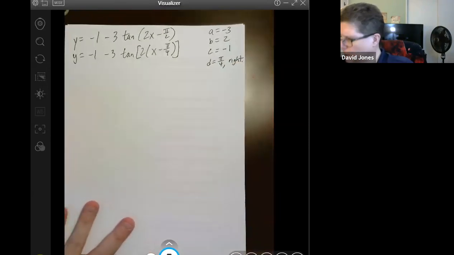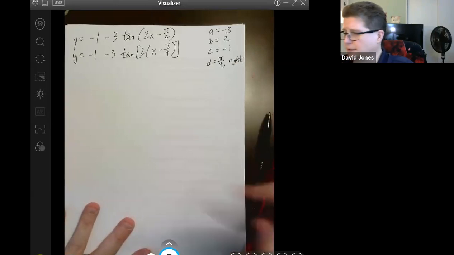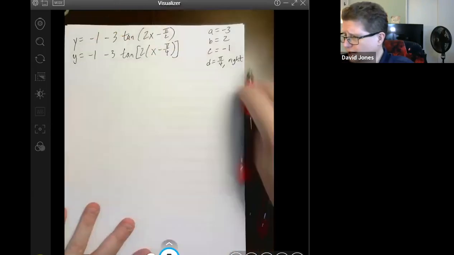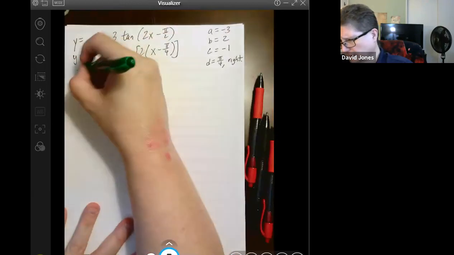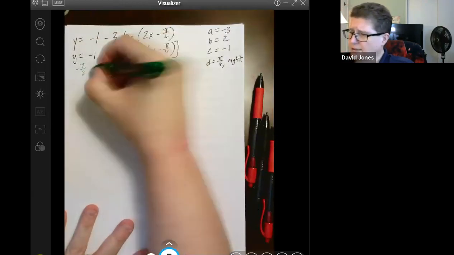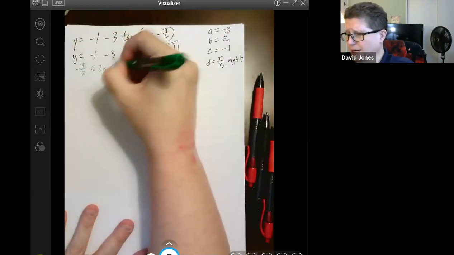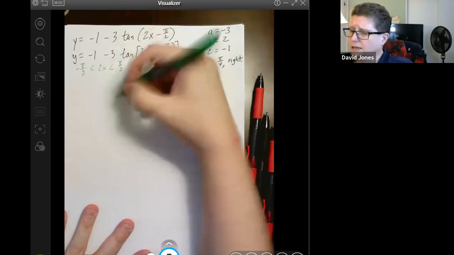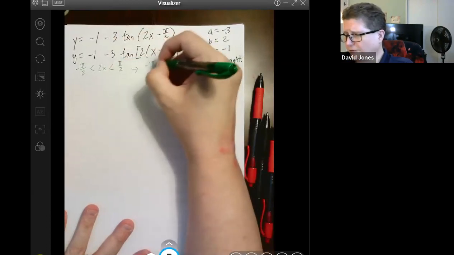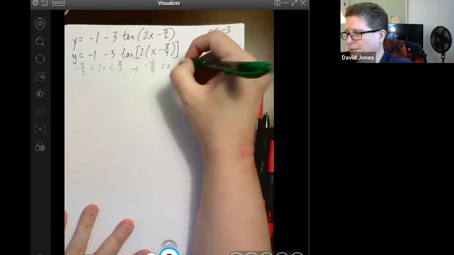Okay. Where are our points? We have negative pi over 2 is less than 2x is less than pi over 2. It says negative pi over 4 is less than x is less than pi over 4.